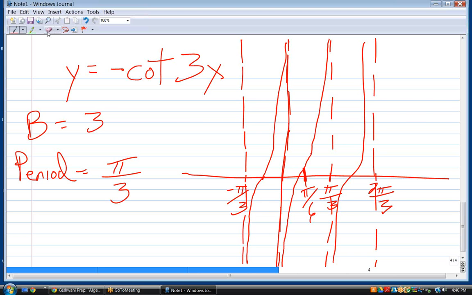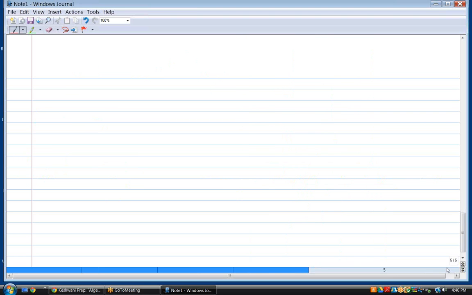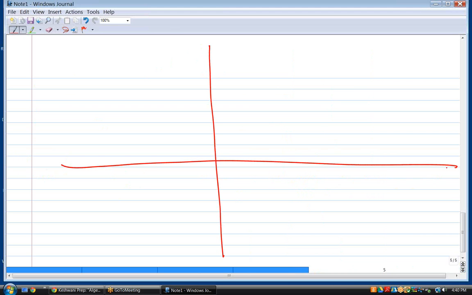The only thing that distinguishes it, and perhaps this is worth remembering, is that the tangent curve straddles the y-axis. By that, I mean it does this. The cotangent curve sits next to the y-axis. The cotangent curve does this.